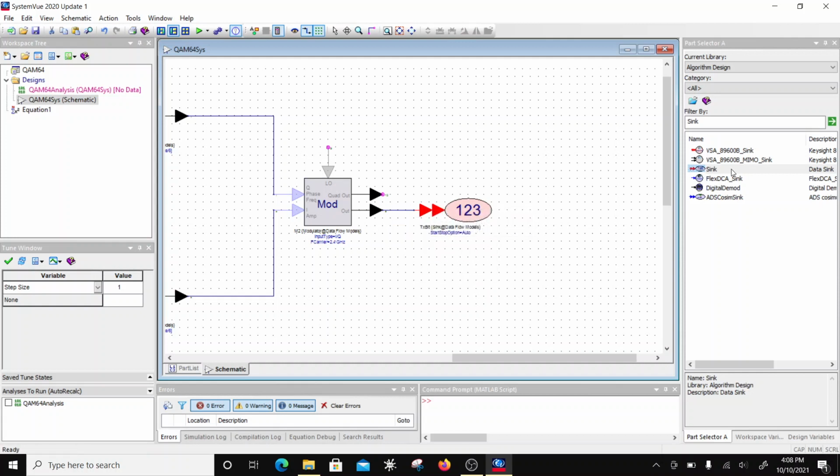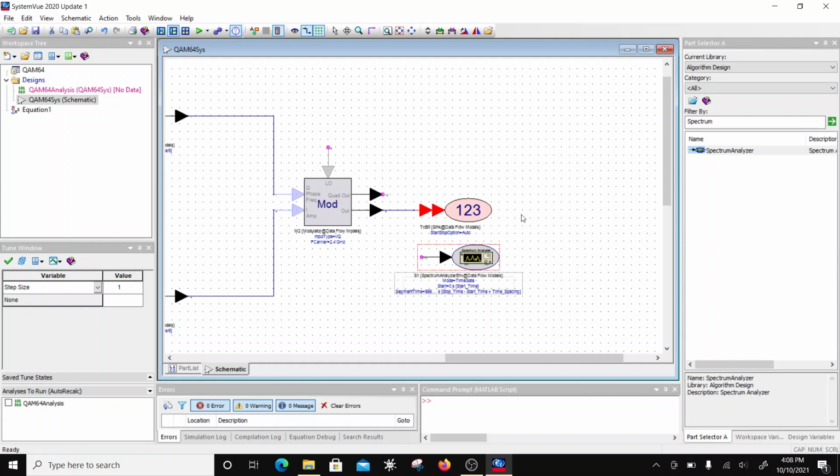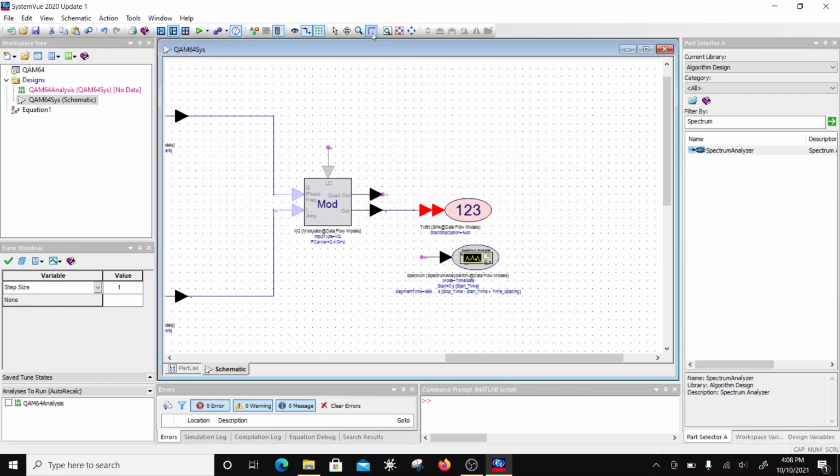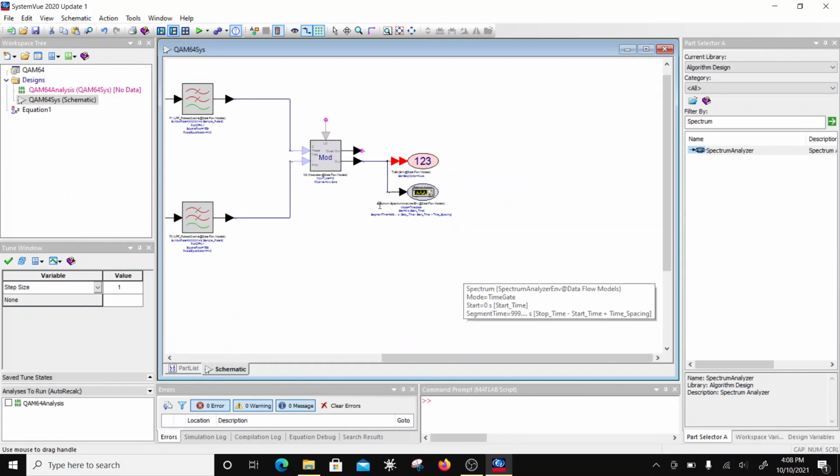That's only for the constellation. And then I can put here a spectrum analyzer to look at the spectrum. I will call this one spectrum, correct? So this is something which we have done last time. It's just that instead of QAM 256 I have here QAM 64.